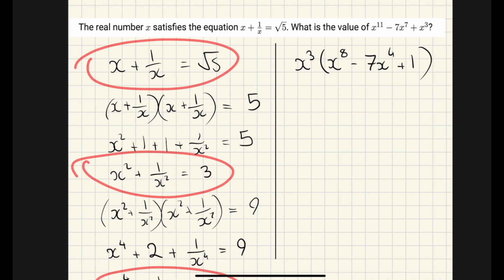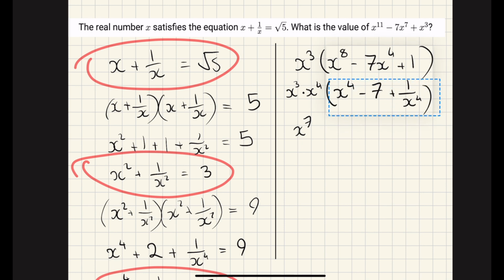So what if we were to actually divide by another power of x? In fact, divide by x to the power of 4. So we'll take this out, and you're going to see why this is so useful. Now, the thing on the left just becomes x to the 7, and that thing on the right might start looking quite familiar to you.